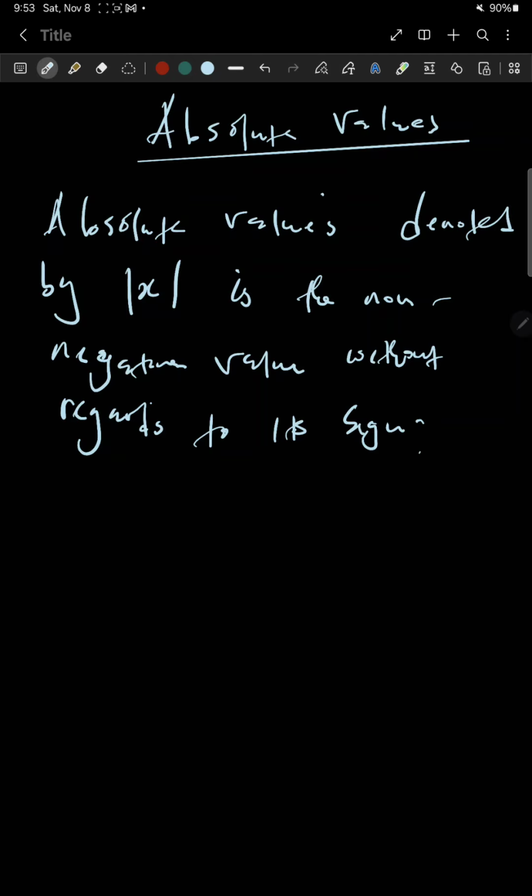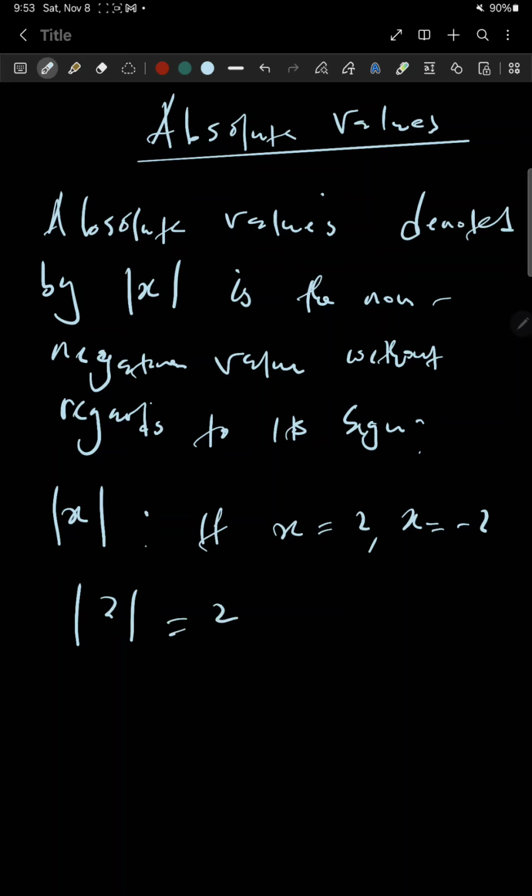Okay, so what we mean is this. Since it's denoted by x, if x is equal to 2 and x is equal to -2, I want you to see what will happen here. The absolute value of 2 is just 2, and the absolute value of -2 is also 2.